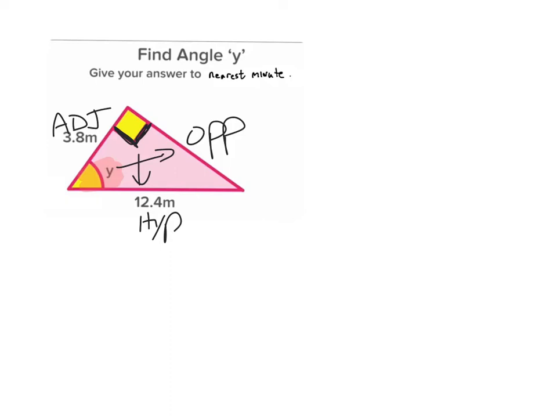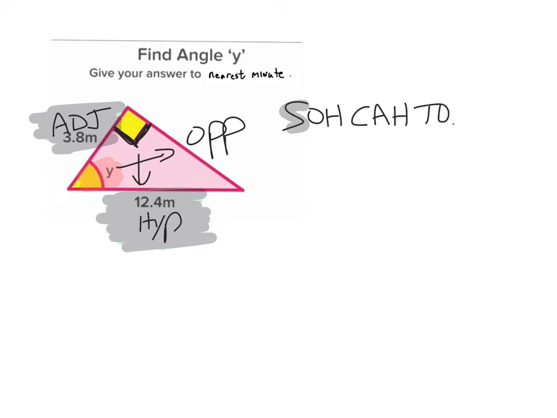So step 1 is to label the triangle. Step 2 is to identify the active sides. Here the active sides are the adjacent, which we know is 3.8, and the hypotenuse, which we know is 12.4. So now we're going to try to figure out whether this is going to be a sine question, a cosine question, or a tangent question by using SOHCAHTOA. Here the active sides are the adjacent, so I'll label the A's.